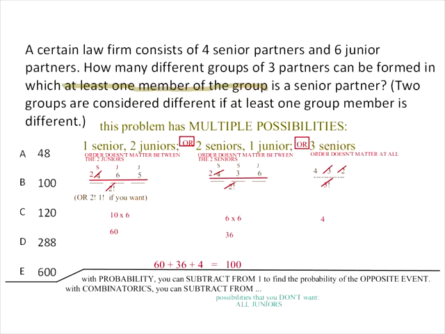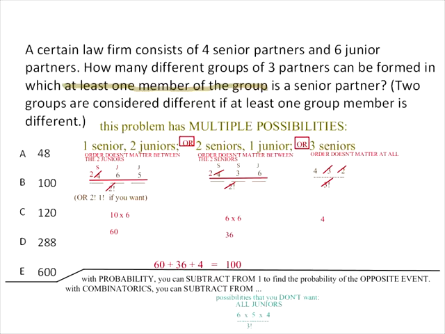All juniors would be 6 times 5 times 4, and that's going to be 2 factorial. I'll handle that in a second. This is over 3 factorial. All juniors is 6 by 4 divided by 3 factorial.